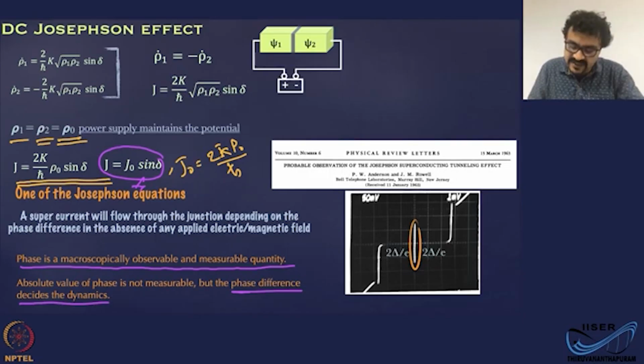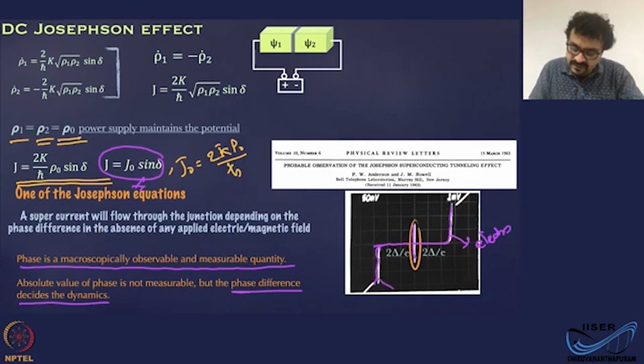What you can see here at the center is a peak in the current, and then no current because this is the gap. Then on this side you have current, but that current is because of the electrons.